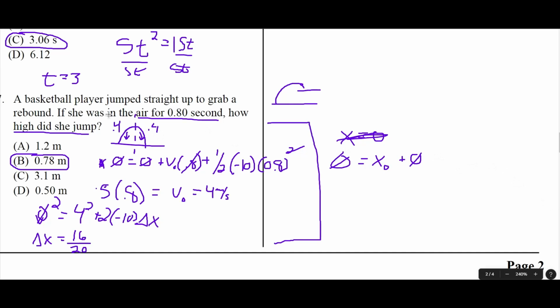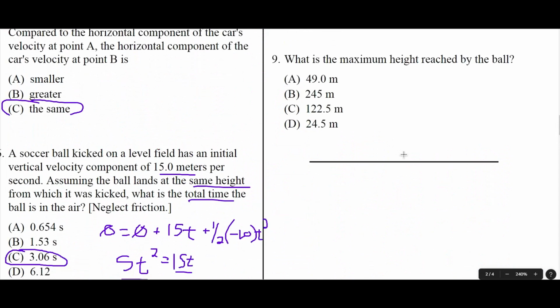So it's 0 starting from here, and then the acceleration is going to be 1 half at squared. So we end up having x naught is going to be equal to 5 times 0.4 squared, which is equal to 0.8. So this is a nice little trick that you could do because of the symmetry in the projectile.